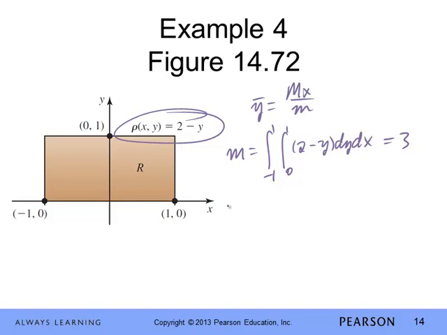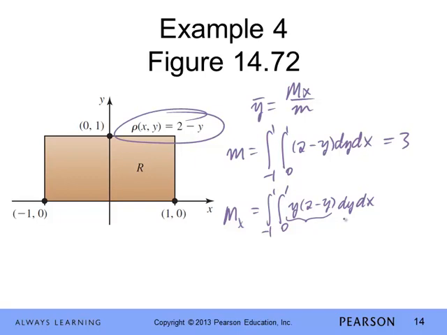And then calculate your moment with respect to the x-axis. So it means you're going to do the double integral of y times the density. And y goes from 0 to 1. X goes from -1 to +1. So it's a slightly different integral, it has a different integrand.